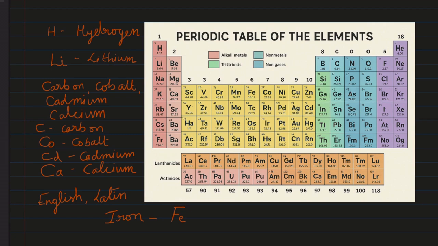So what I meant to say is that the symbol of an element does not always start with the letter of the English word. There are exceptions. I have only explained the general thing to you. Hope it is clear.